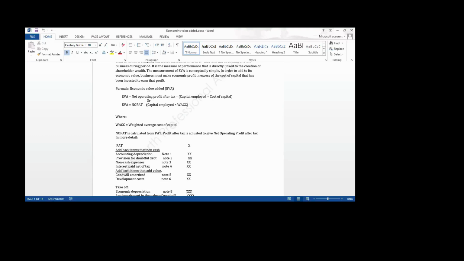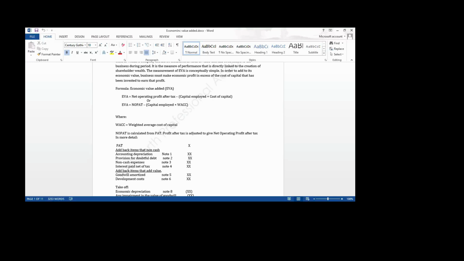Capital expenses are expenses incurred, but the benefit can be enjoyed for several years. Such expense cannot be deducted in one accounting year. Such expense will be capitalized and spread. A good example is your development cost, training and development cost.